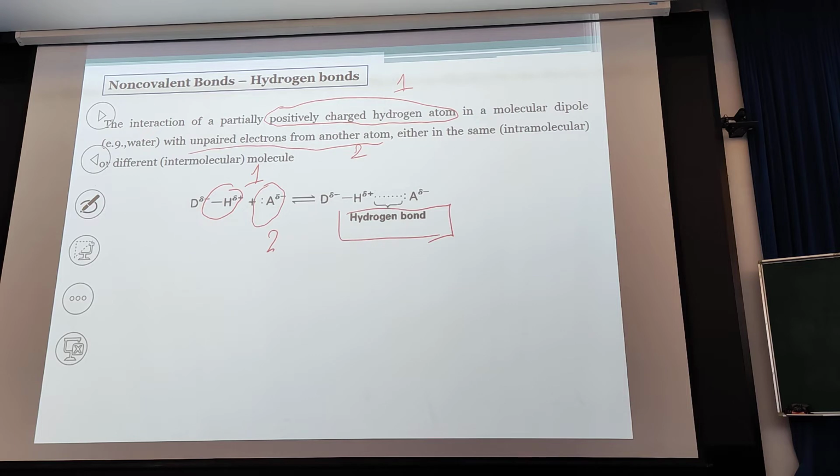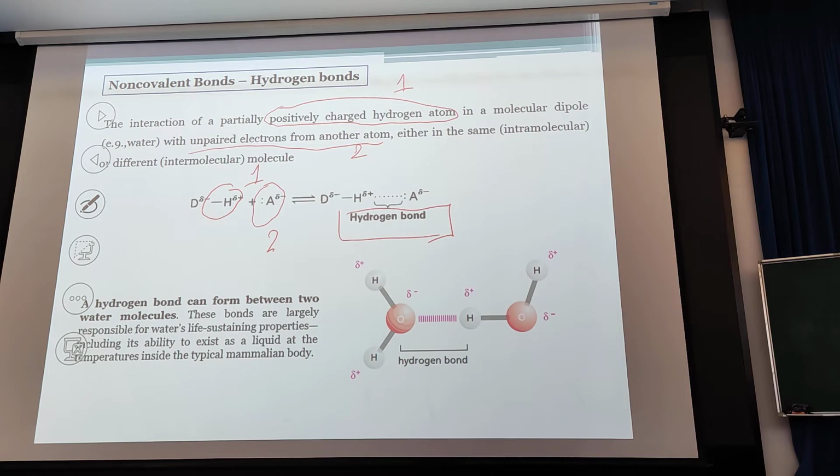One favorite example is the hydrogen bonds you see in water. In the previous slide, the water is shown, right? The covalent bond between hydrogen and oxygen is an unequal bond. Oxygen has stronger electronegativity, so it attracts the electron more and has the negative charge, whereas the hydrogen has the more positive charge.